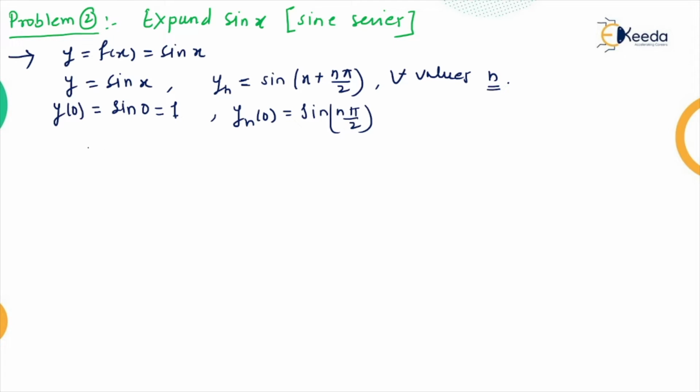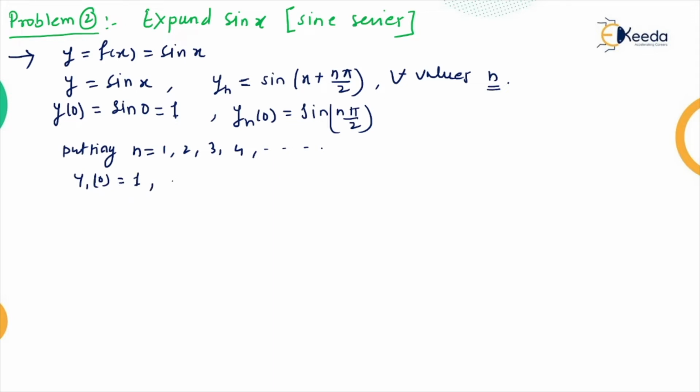Now, clearly, guys, we put the values n equal to 1, 2, 3, 4 and so on, for all values of n. So what is y1 of 0? y1 of 0 is sin of pi by 2, which is equal to 1.